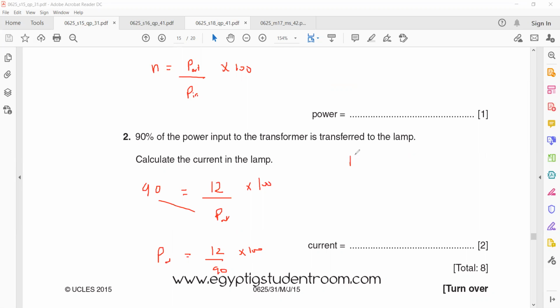13.33 is a power, but in the question we don't need power, we need a current. So 13.33 is the power, and the voltage of the lamp is 6. So 6 is multiplied, on the other side divide: 13.3 divided by 6. What's the answer for current? 2.21, 2.22.